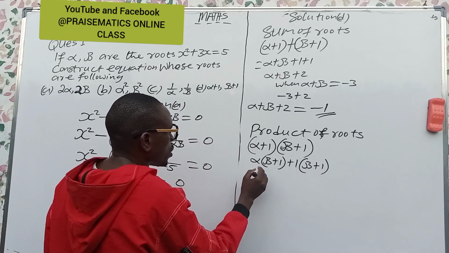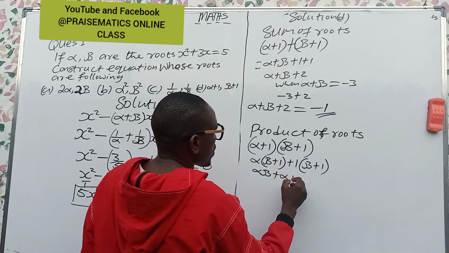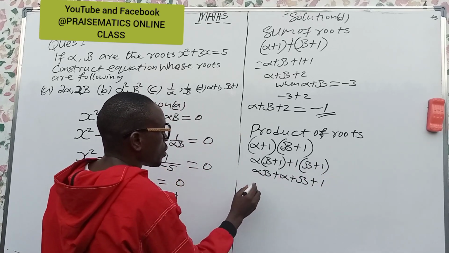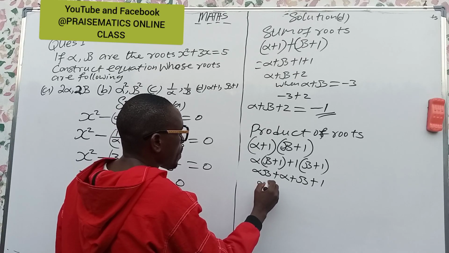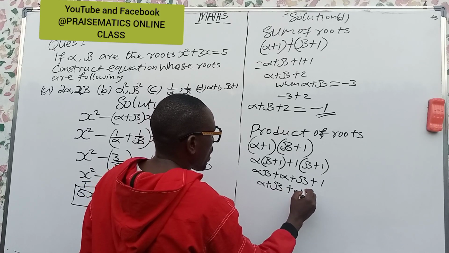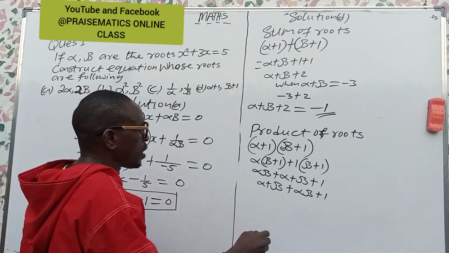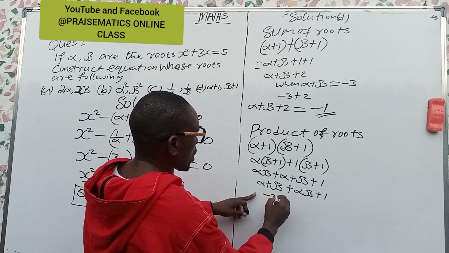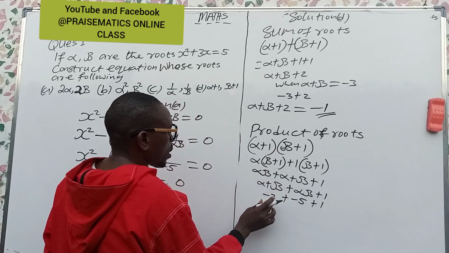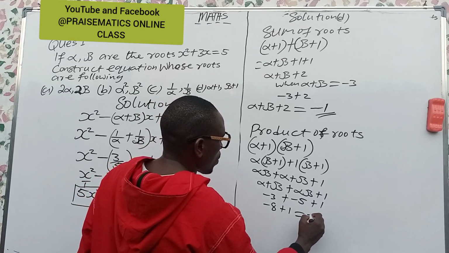We have alpha beta, alpha, beta, and 1 plus 1. Collect like terms: alpha plus beta plus alpha beta plus 1. Always recall that this is minus 3 plus minus 5 plus 1. Minus 3 plus minus 5 will give us minus 8 plus 1, which finally will give us minus 7.